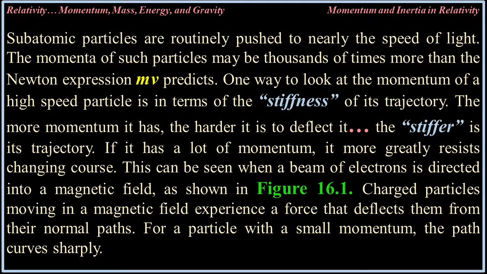One way to look at the momentum of high-speed particles is in terms of the stiffness of its trajectory. The more momentum it has, the harder it is to deflect it, the stiffer is its trajectory. If it has a lot of momentum, it more greatly resists changing course.